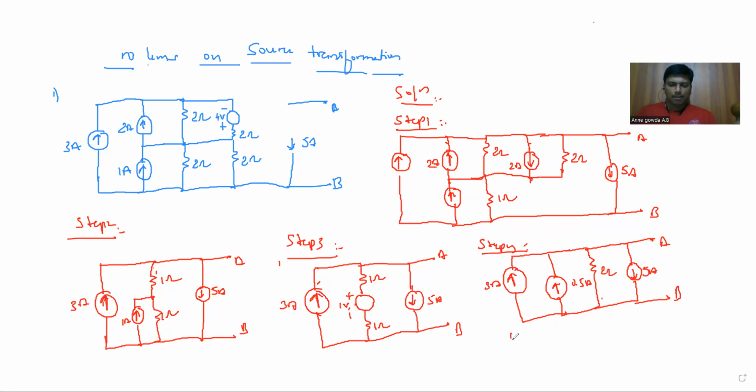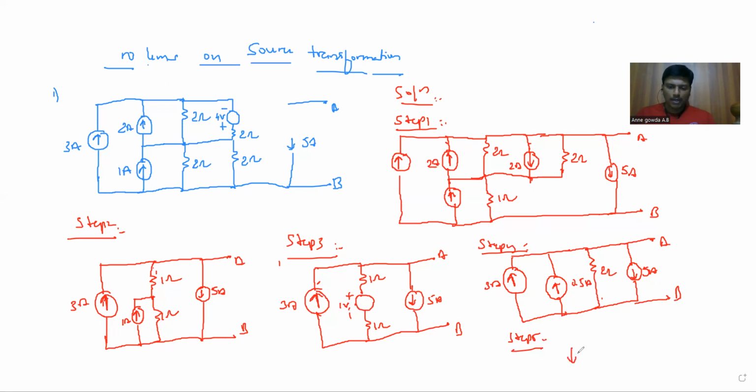Now in my last step, this 3 amps and the 0.5 amps are in the same direction, so we're going to add them. 3 plus 0.5 is 3.5, but 5 amps is the largest current source and it's running in the opposite direction. So that is 5 minus 3.5, it is 1.5.